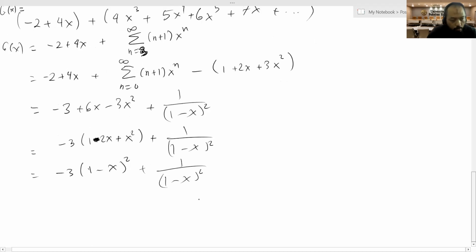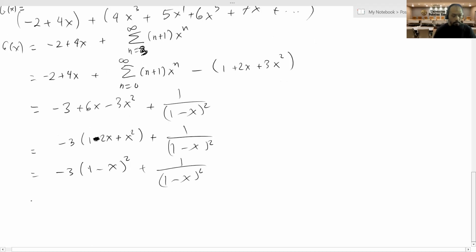Of course, simple algebraic manipulation gives us minus 3 times (1 minus x) cubed plus 1 over (1 minus x) squared.